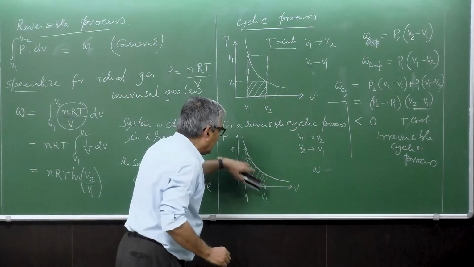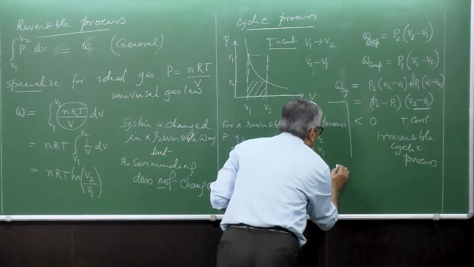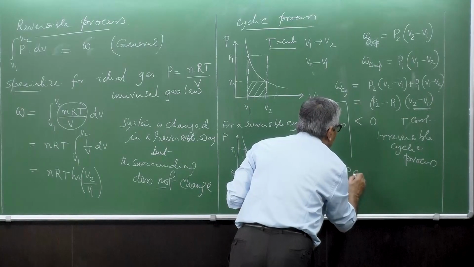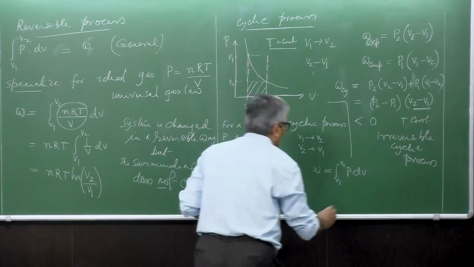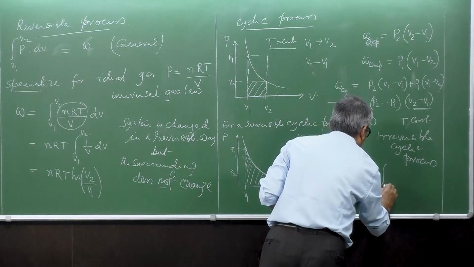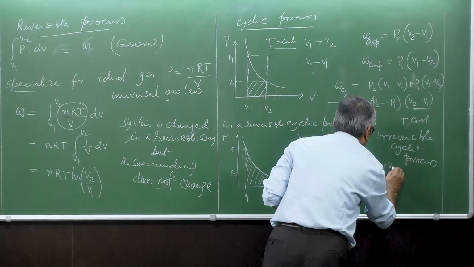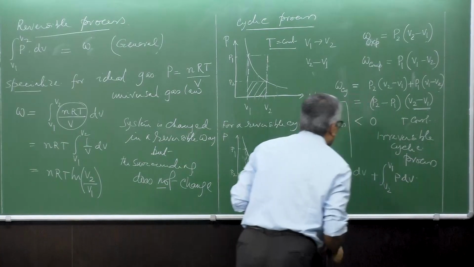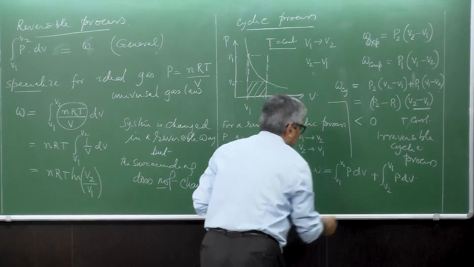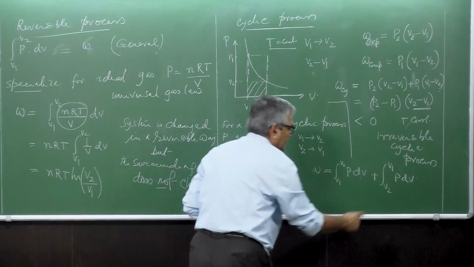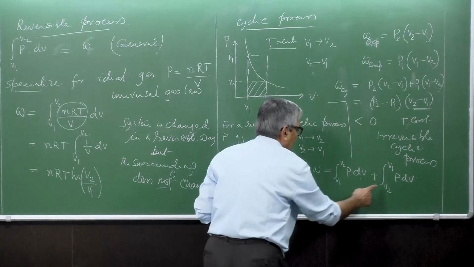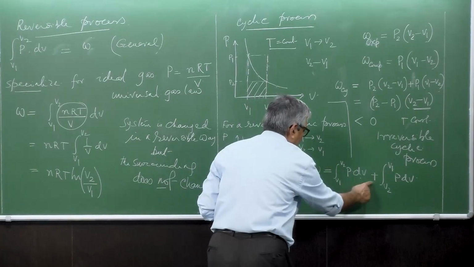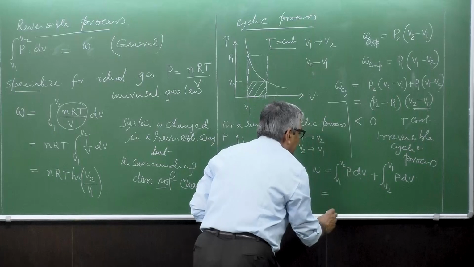So this is an area under the curve, and this is basically the integral from V1 to V2 of P dV plus the integral from V2 to V1 of P dV. And you see that the integral limits can be changed with a minus sign, and you will get simply 0.